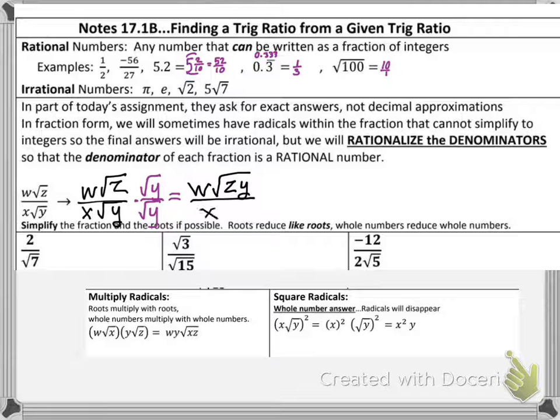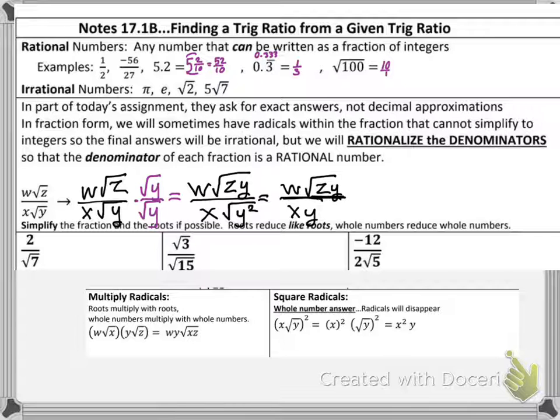At the bottom I have my x, and the square root of y squared, which is just y. Again, make sure that fraction bar comes all the way to the end.